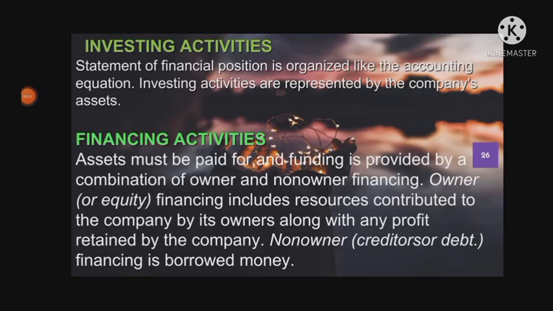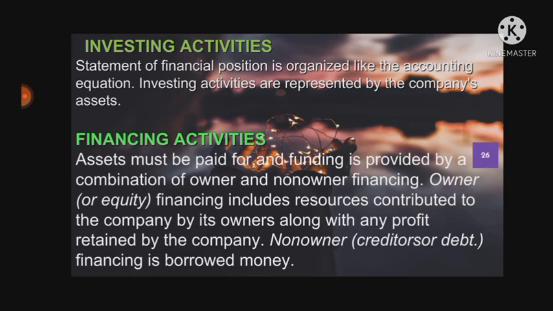Investing activities. The statement of financial position is organized like the accounting equation. Investing activities are represented by the company's assets. Investing is the act of obtaining money by building up operations or purchasing investment products such as stocks, bonds, and annuities.